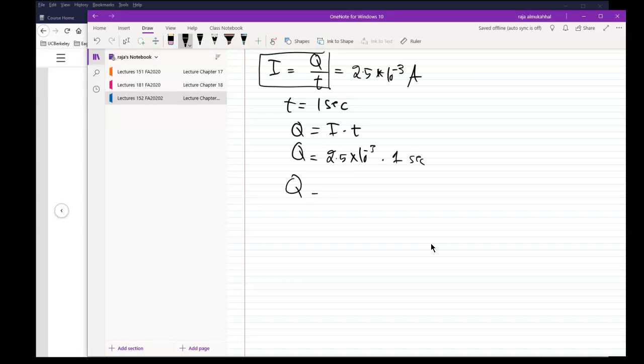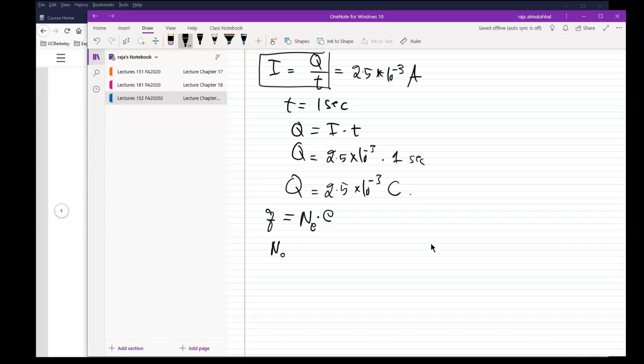So the charge is 2.5 times 10 to the negative 3 Coulomb. Is that right so far? Okay, how many electrons are here? I think we talked about that back in chapter 17. We said that, if you remember, the charge Q is equal to the number of electrons times the fundamental charge. Remember that?